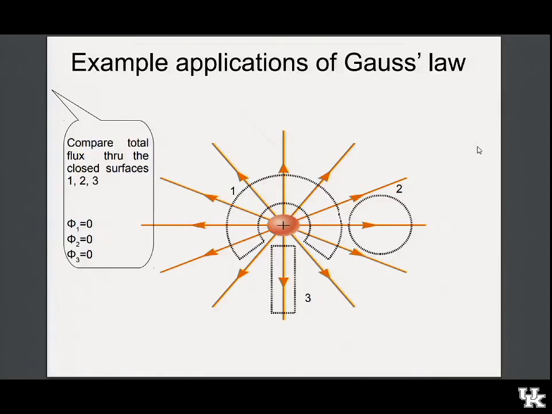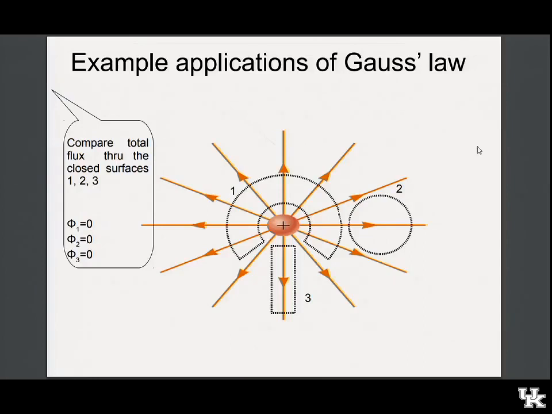Now, again, I'm drawing these surfaces in cross-section. They are closed three-dimensional surfaces. That's important. They have to be closed surfaces for our argument. So what is the flux through each of those surfaces? Well, the flux through each of those surfaces is actually 0.